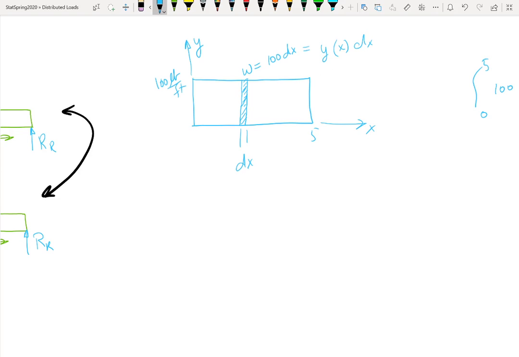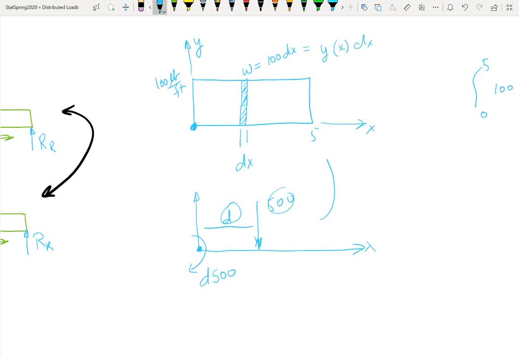But the key is this creates a moment. Remember what we're trying to do. We're trying to make an equivalent load of 500 at an equivalent distance. So guess what? This thing creates a moment of d times 500 about this point, the origin.